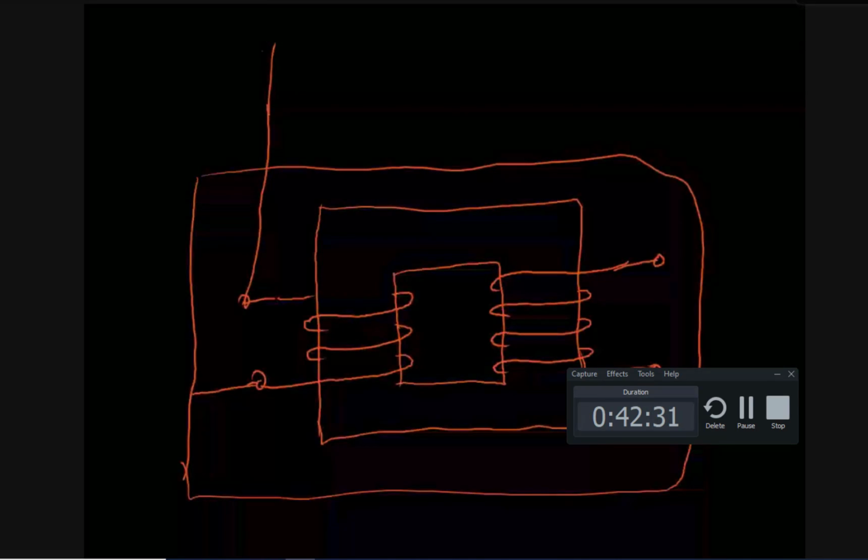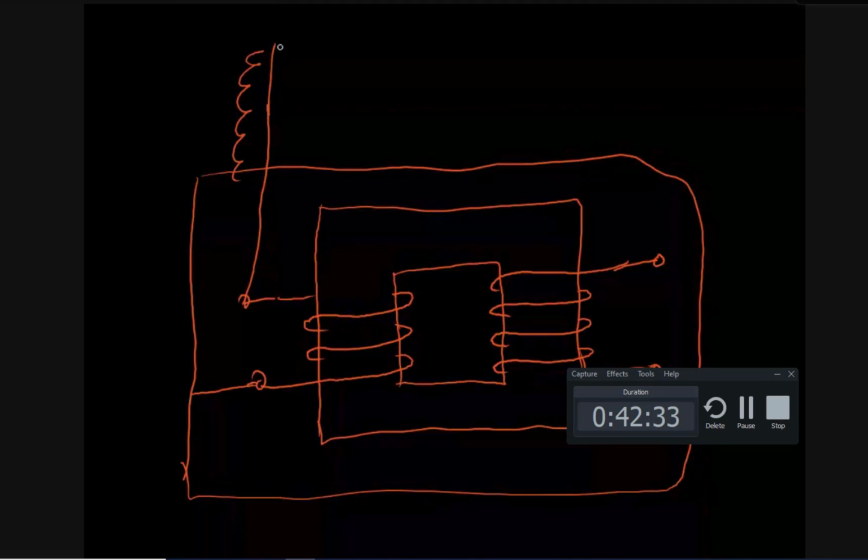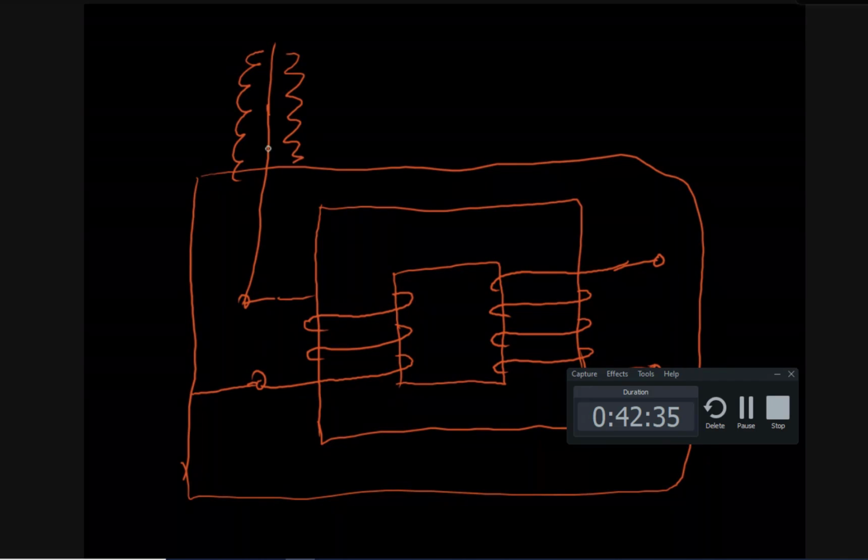Here there is a bushing type construction you might have seen, that is porcelain construction, and then there is a circular electrode. The purpose of making this circular electrode is to avoid corona. Otherwise, a lot of corona will be there. And this is a low voltage winding, which has a small bushing.